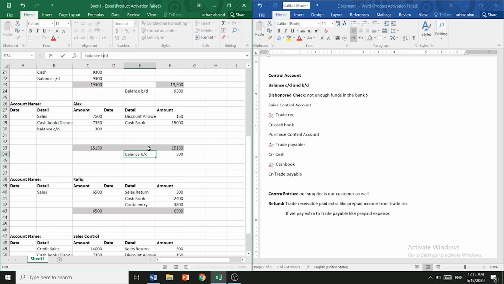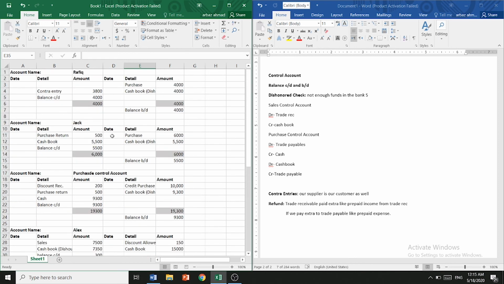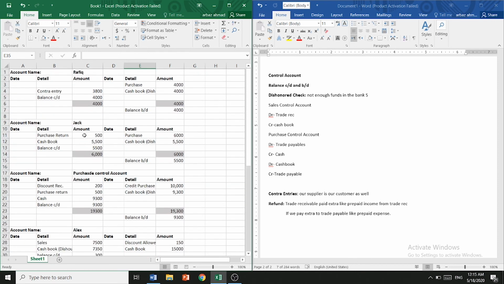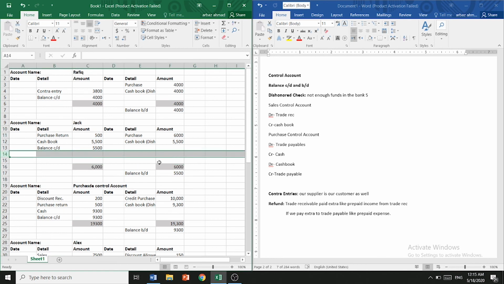The same thing goes whether it's trade payable or trade receivable. That was trade receivable. If it's trade payable, what we can do here is add a line. It means I won't have my trade payable balance on the credit side.